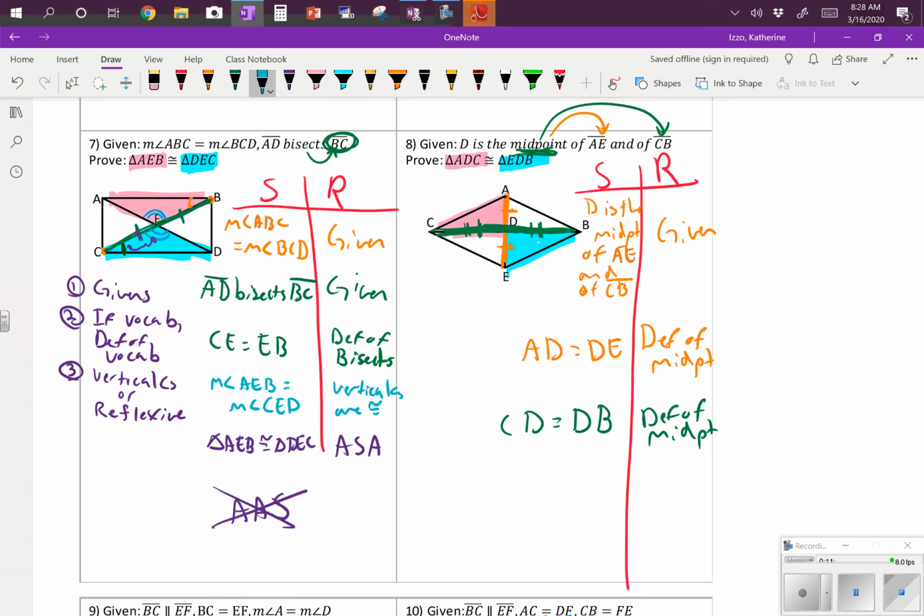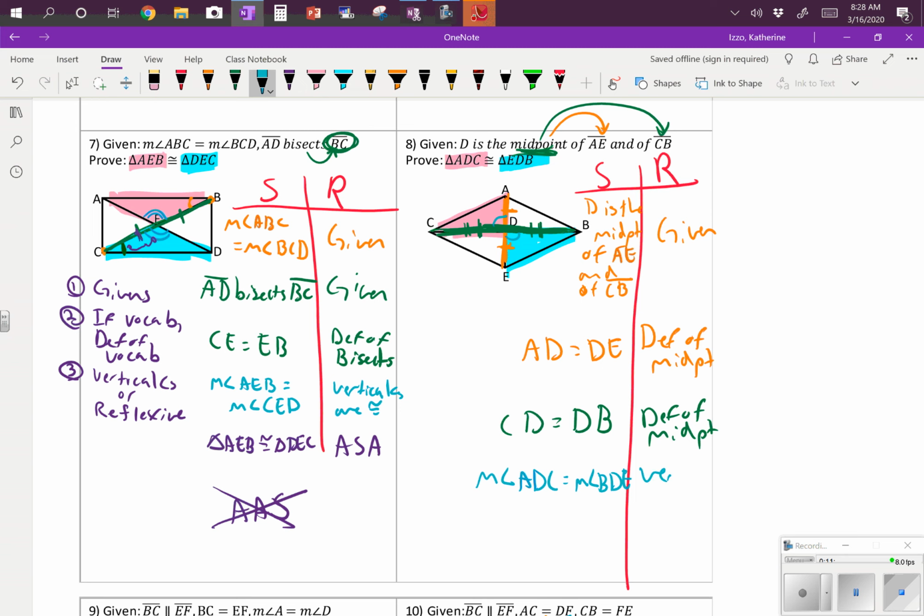We've got triangles, and the triangles are across from each other, so we're going to have another set of vertical angles here. Okay, measure angle ADC equals measure angle BDE.